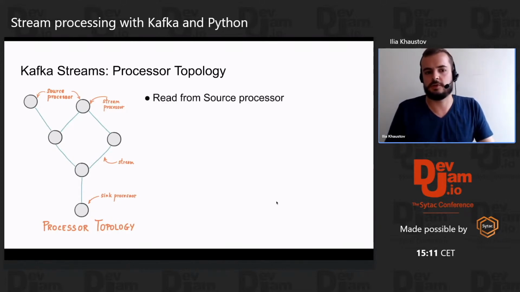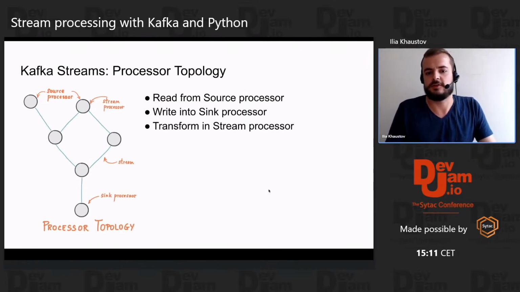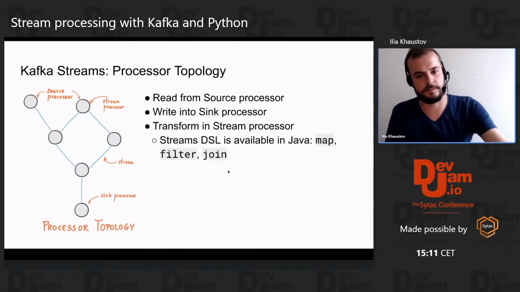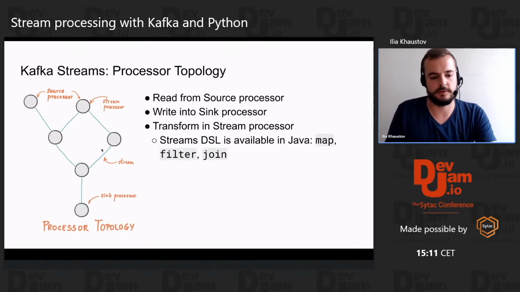So you read from a source processor, usually a topic or maybe several topics, and then you write into a sink processor, which is also a topic. And then you do transformation in stream processors, which are operations. Kafka provides a DSL, a functional DSL, fun to use. I highly recommend it.